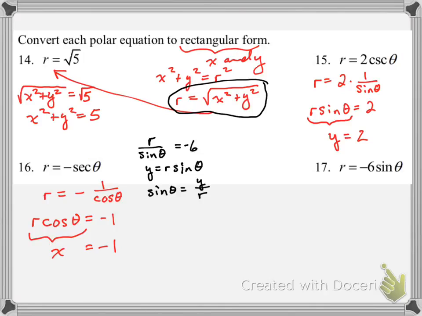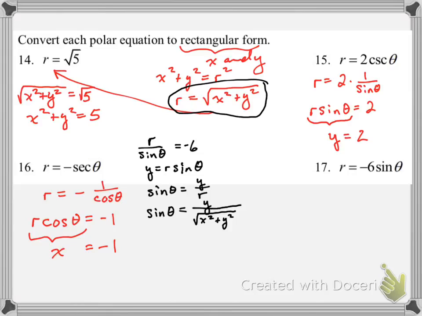All right, so we can do a little conversion here and say that sine of theta is therefore equal to y over the square root of x squared plus y squared.